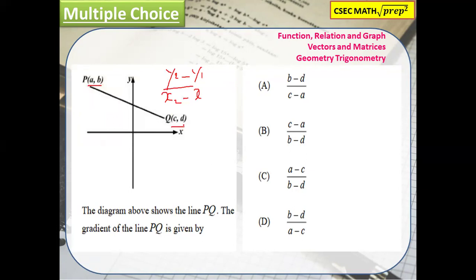But if we do that, we will notice that you'll have D minus B, then C minus A. But that's not in any of the scenarios here. The idea here is that instead of having these to be the ones, you let these be the ones this time.